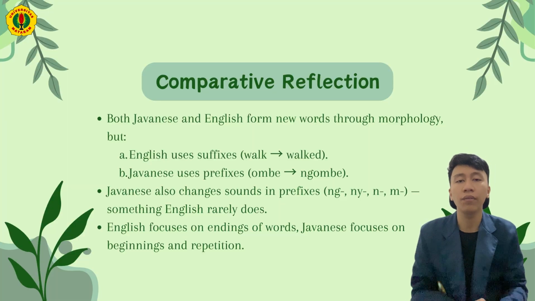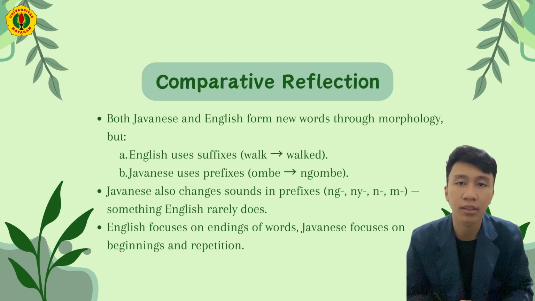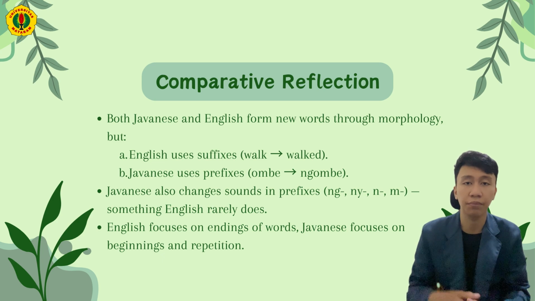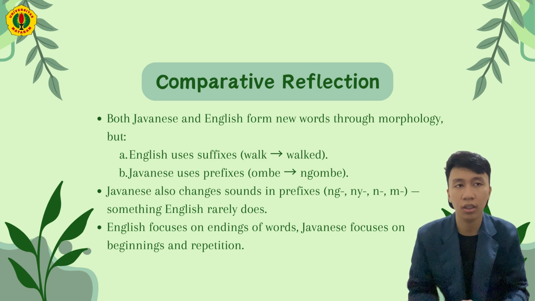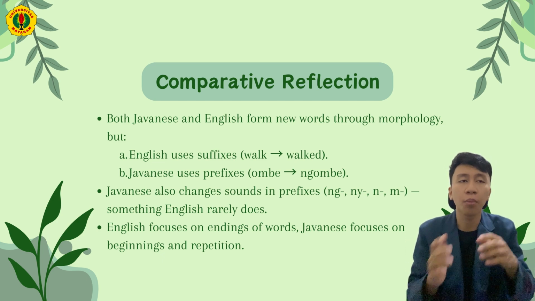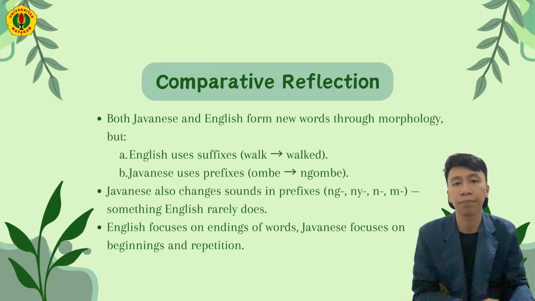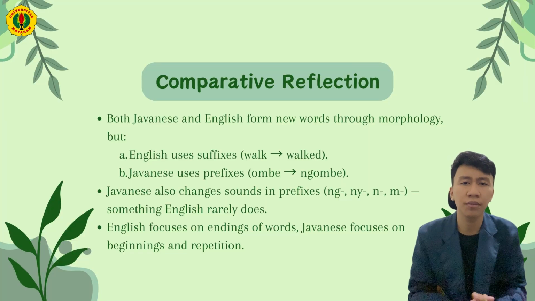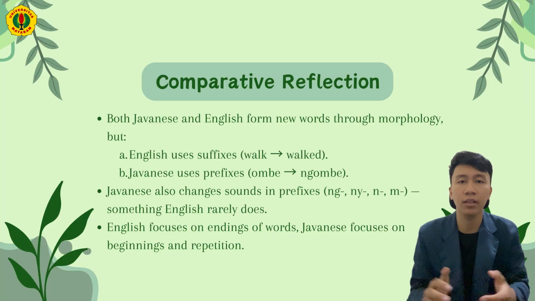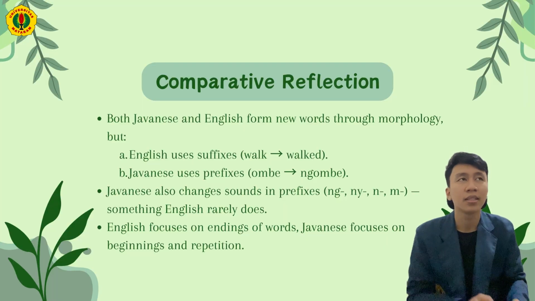However, in Javanese, the main process is prefixation, such as ombe becoming ngombe, or pangan becoming mangan. Another big difference is that Javanese prefixes often change sound depending on the root word.